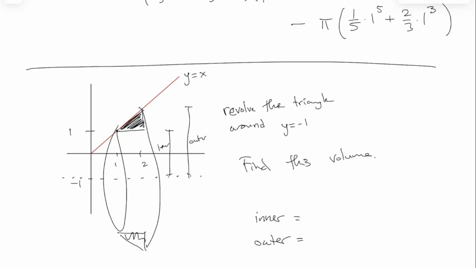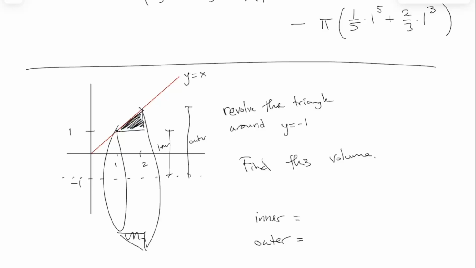Where'd you get the final answer? I had the same outer radius. I was just looking at you running through it. So the inner radius, because we're rotating around, is supposed to be here.